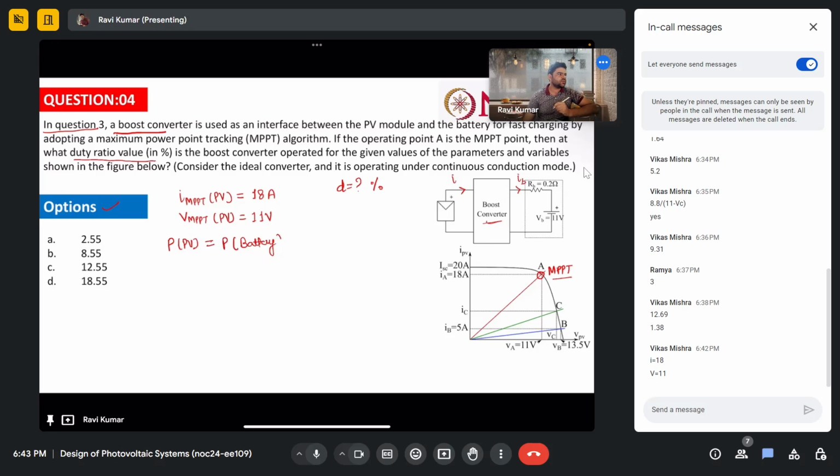What is the power towards the PV side? What is the formula for power? The simplest formula for power: if we have current and we have voltage, then what is the power?